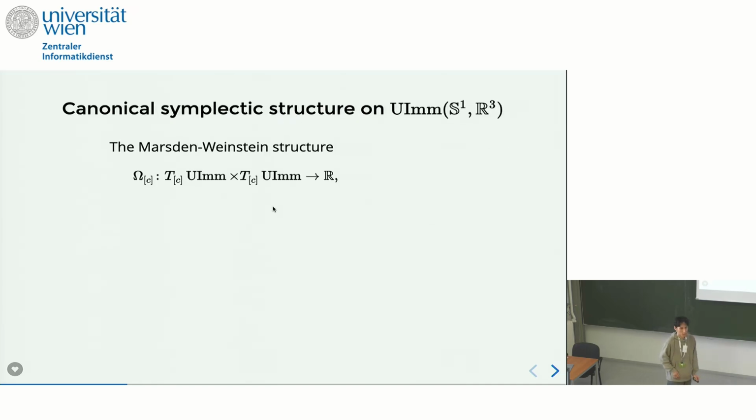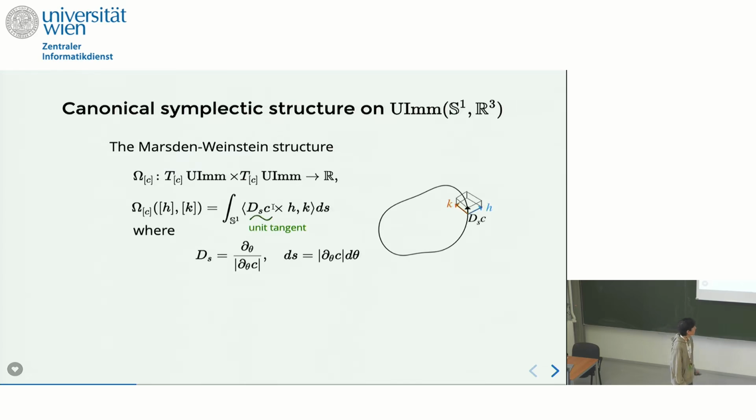And it's known that this space of unparameterized immersions has a symplectic structure called the Marsden-Weinstein form. It's a skew-symmetric form that looks like this. In order to emphasize the equivalence class, I used this bracket notation.